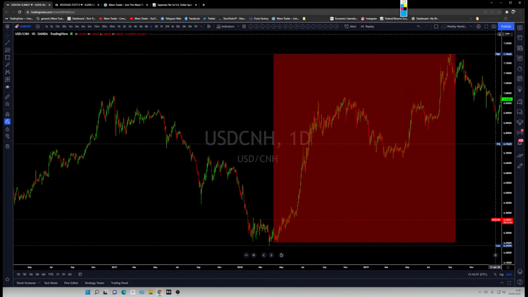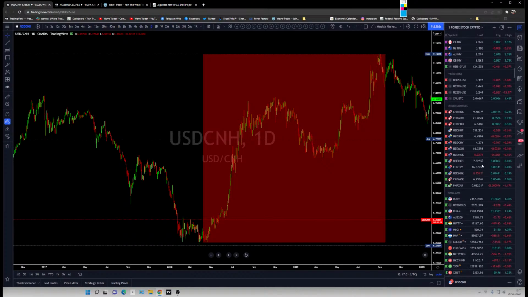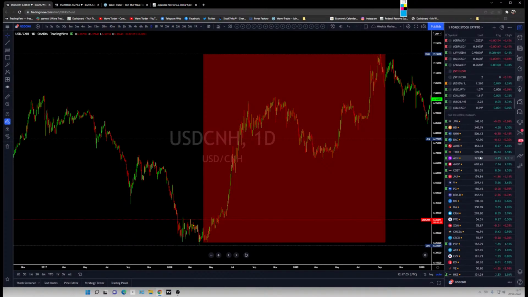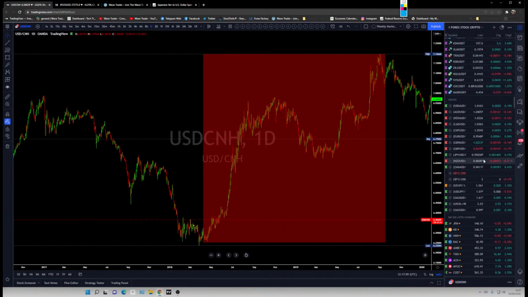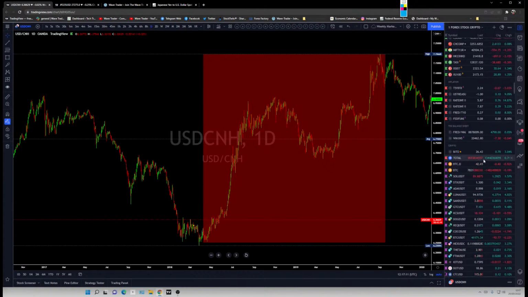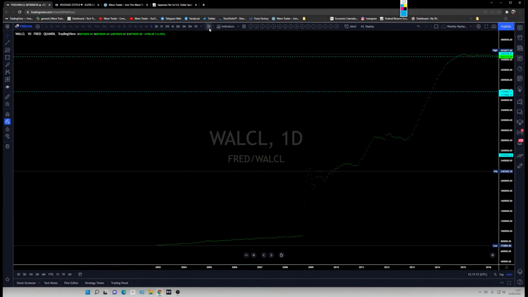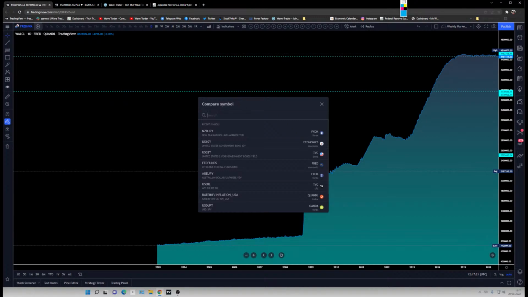So if I'm going to pull out this chart on the US balance sheet or Fed balance sheet, if I'm going to pull out that chart, so histogram. It is going to take time.